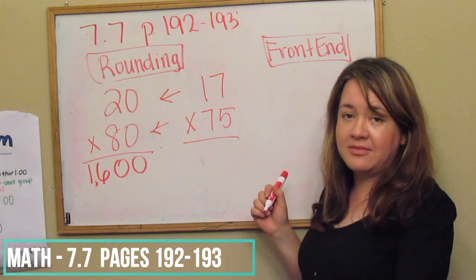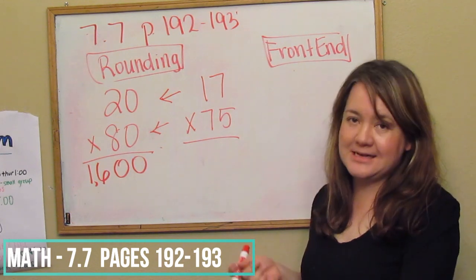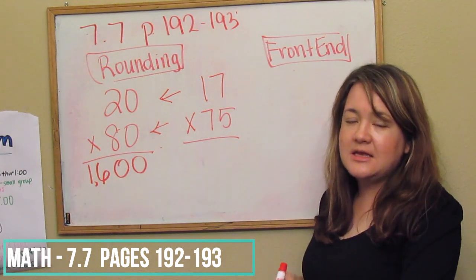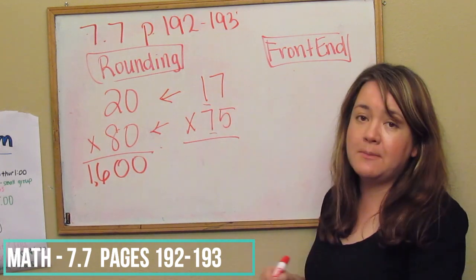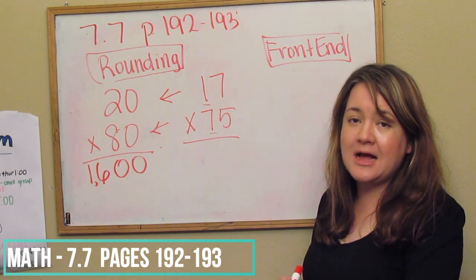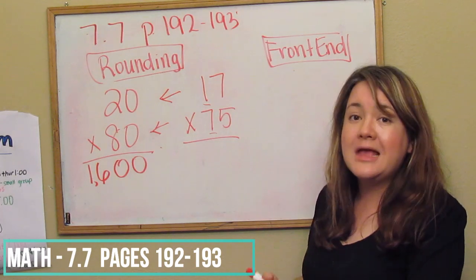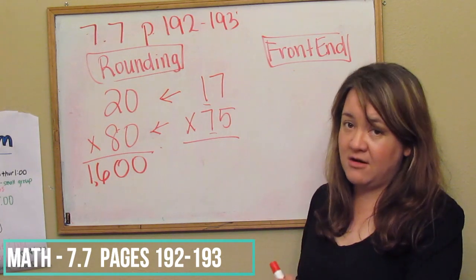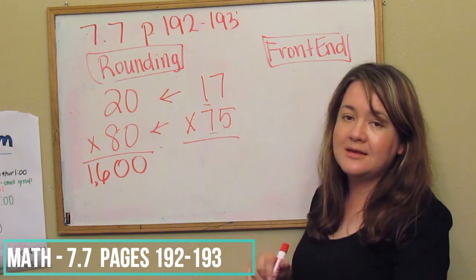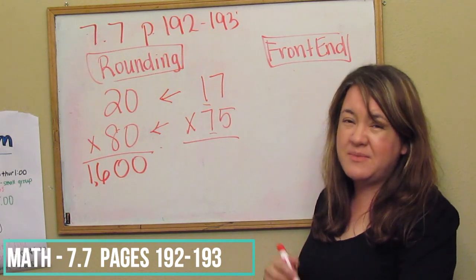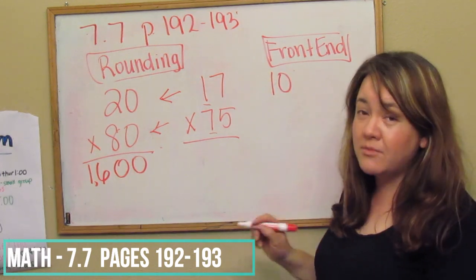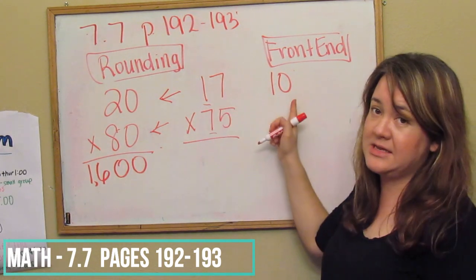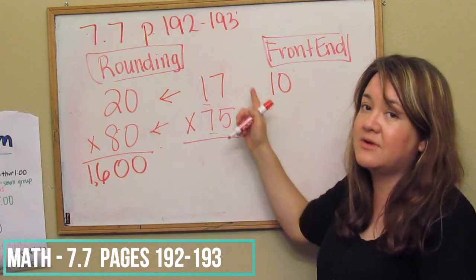Now, there's another method that's called front end. Front end is really simple. You take the first digit in each number and multiply them in the place value they are in. So, for example, we're going to take the 1, but because it's in the 10 spot, we're going to say it's 10. Remember, this is not rounding, so I'm not rounding 17 to 10, because of course 17 rounds to 20.